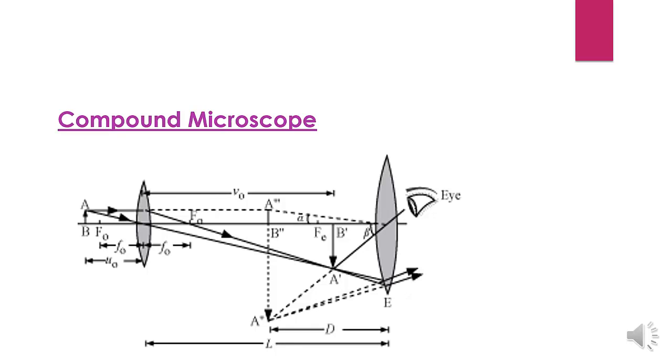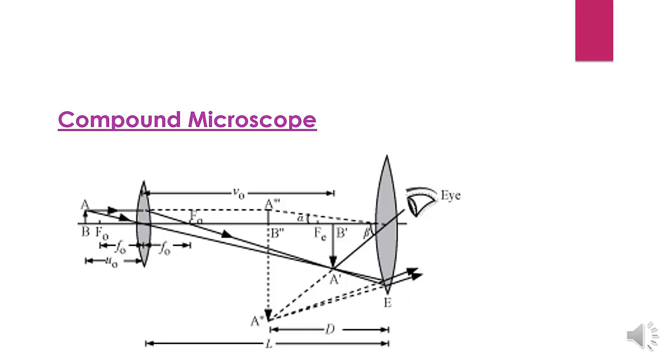A compound microscope gives a better image, or the magnification will be a little bit more. Here we will be using 2 lenses because we are getting a very highly magnified image of tiny objects, right? Both are convex lenses only.